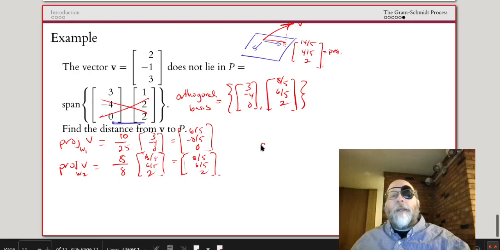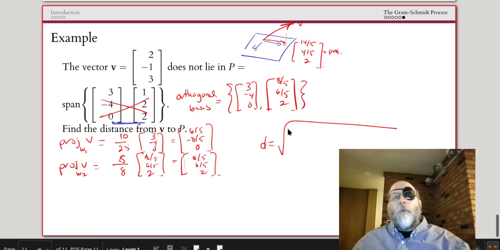So that's going to be the square root of 2 minus 14/5 squared, or 14/5 minus 2 squared, either way. Then the next one will be 4/5 minus negative 1. And then the last one is 2 minus 3 squared.